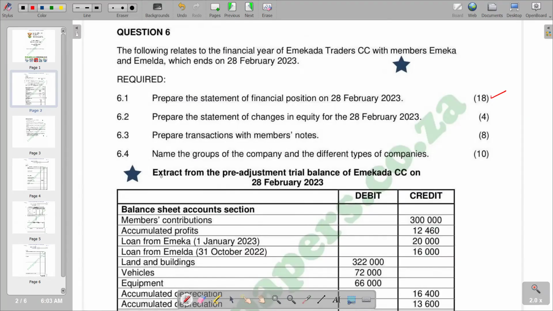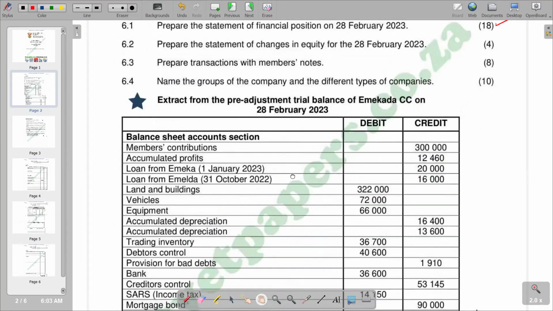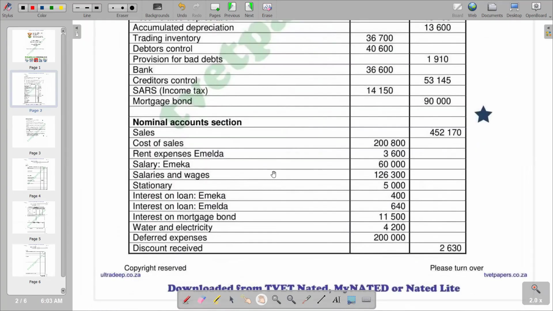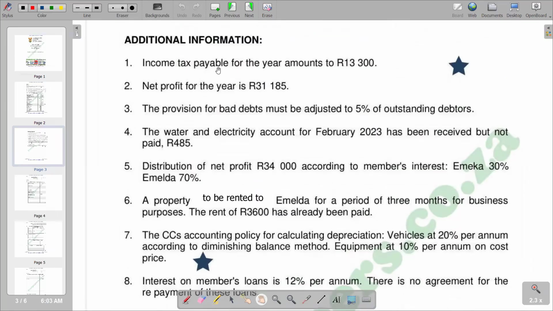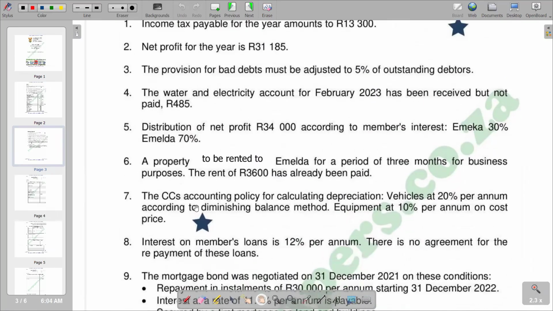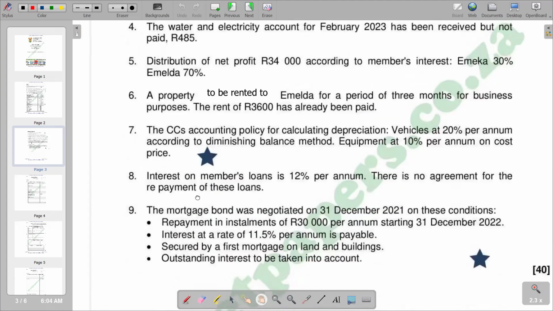So we're going to see that you are given an extract from the pre-adjustment trial balance of MB CC on 20th February 2023. So you just need to browse through the pre-adjustment trial balance that we have. So moving on to the next information, we have got additional information, and you also need to go through everything that you are given in additional information before you start to answer the question.